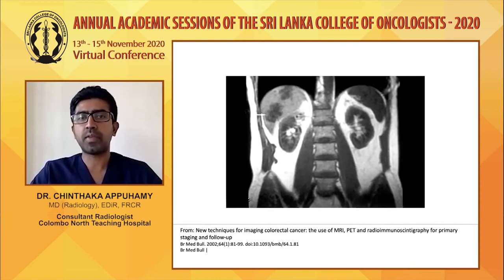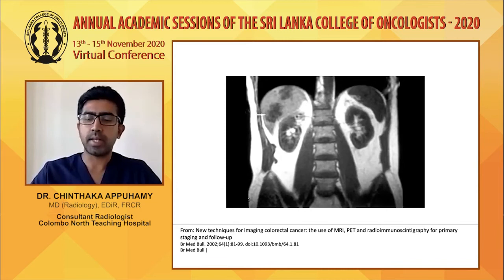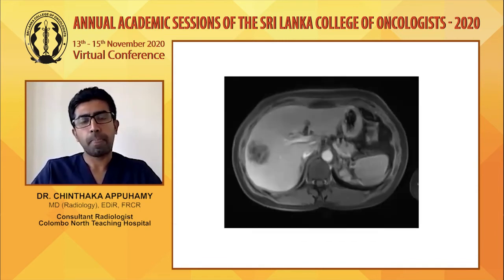However, because of the multiple sequences we have in MRI, MRI is sometimes very much superior compared to the CT. This is another example of axial T1 weighted post-contrast fat-sat images, which show an ill-defined, hypointense, large focal lesion in the right lobe of the liver.